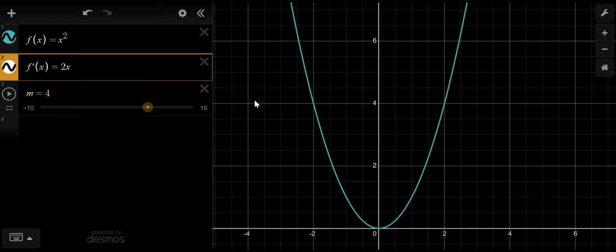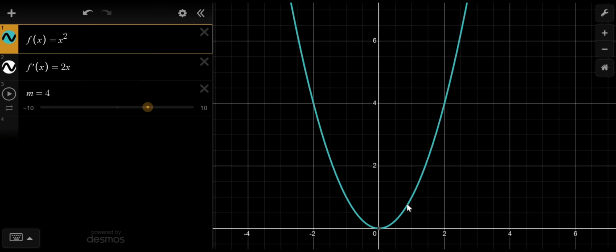The slope of this f of x squared increases linearly. That is crazy. This is one of the big things that Isaac Newton found that sparked calculus, and this is why we still study it to this day.